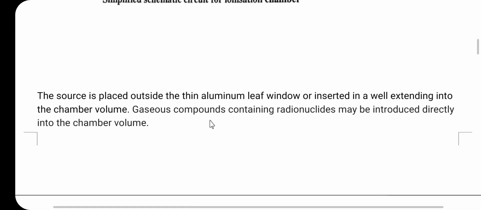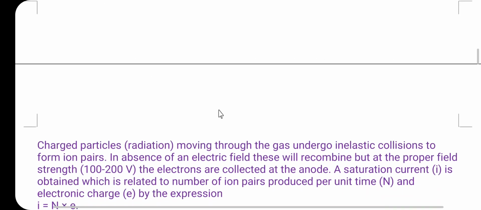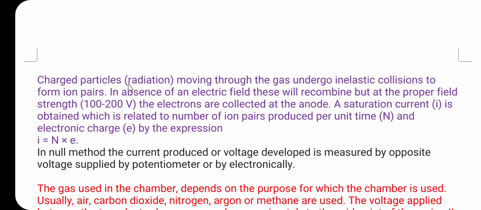Here the source is placed outside a thin aluminum leaf window or inserted in a well extended into the chamber volume, and gaseous compounds containing the radionuclides may be introduced directly into the chamber volume. The charged particles, that is the radiation, moving through the gas undergo inelastic collisions to form ion pairs, and in the absence of an electric field these will recombine.